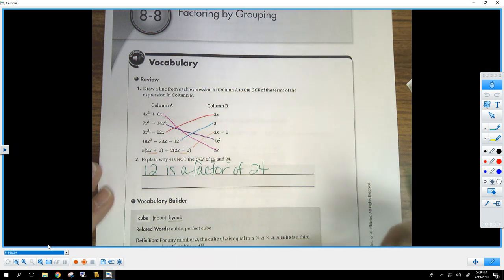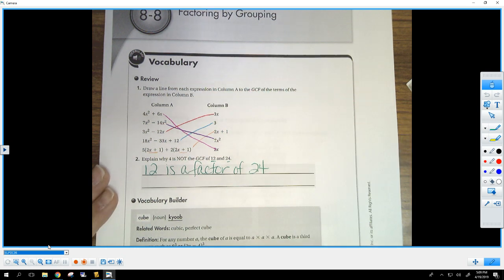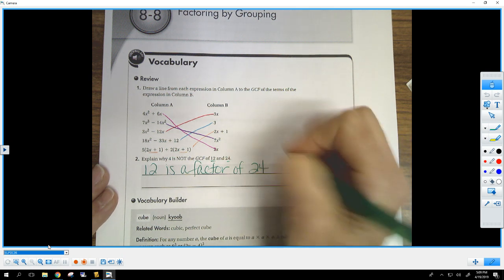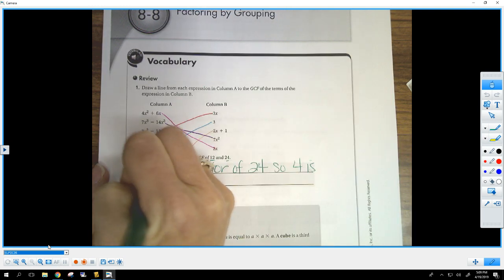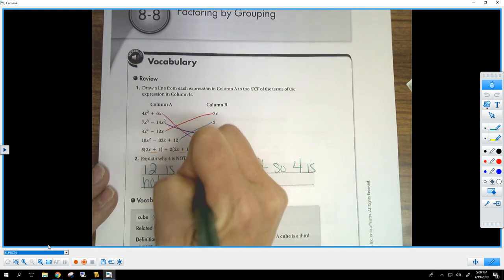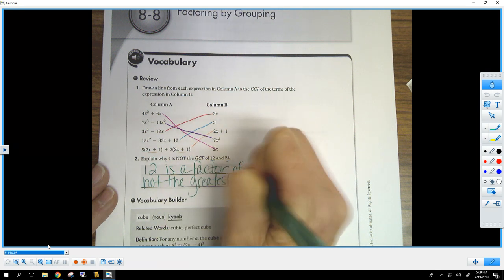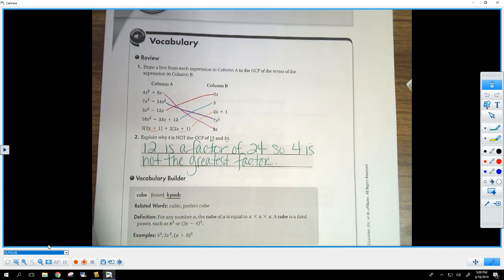So when we're looking for greatest common factor, 4 is a factor. It is not the greatest factor, okay? So we're going to say 4 is not the greatest factor. And you know 12 goes into 12 one time. So that's why.